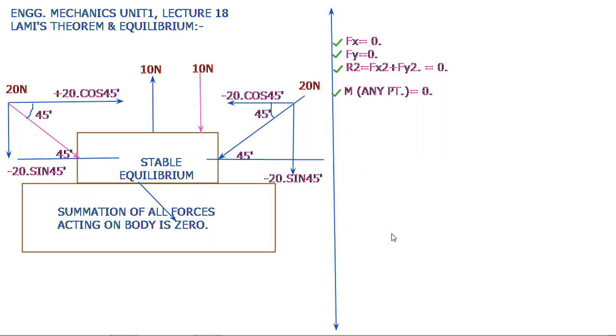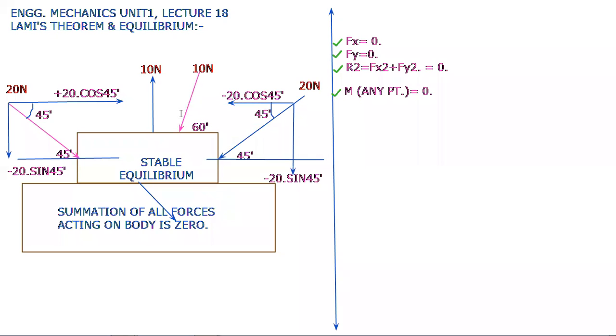Okay, so I hope you come to know how we split these forces. If this vertical force is also inclined, then we can also split this force. Suppose this force is inclined at 60 degree, I am just giving you an example.